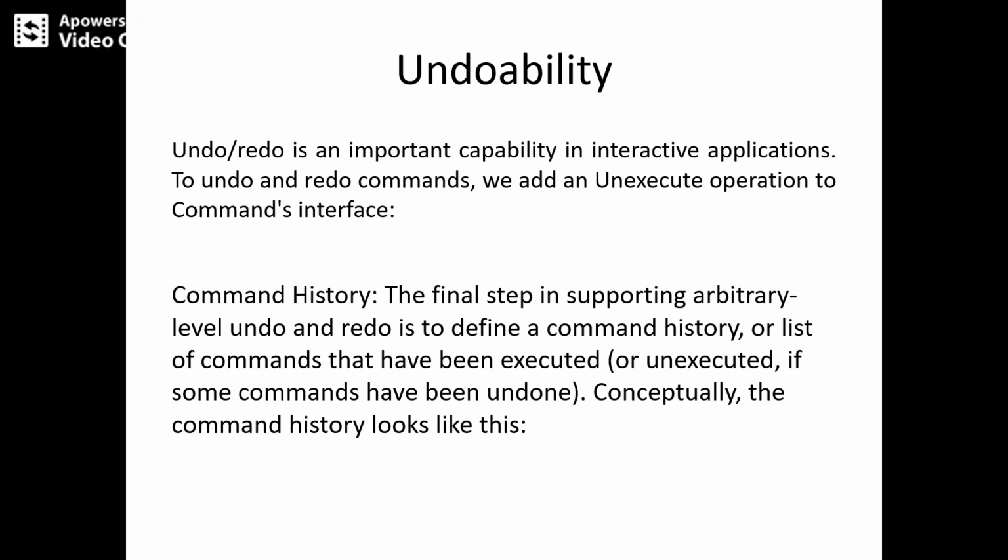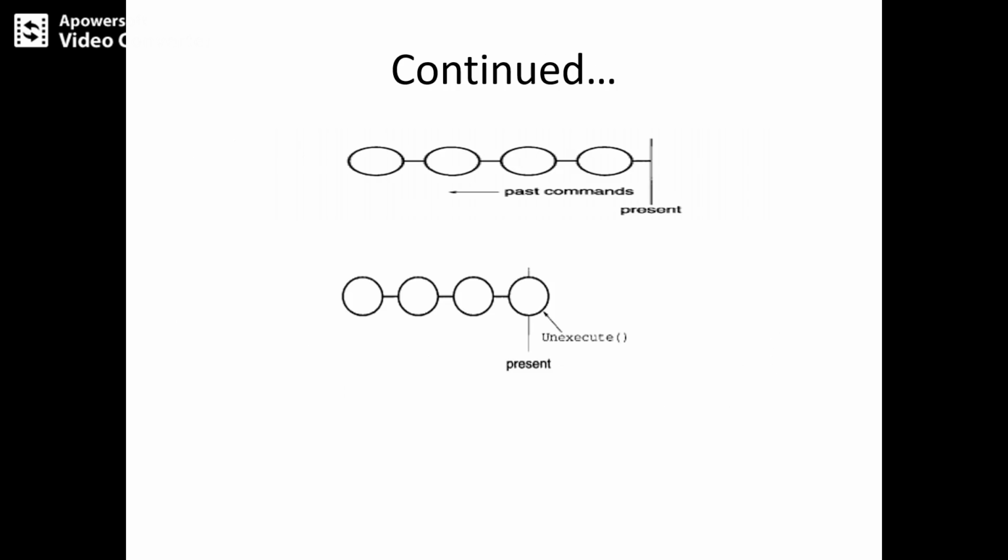This is the final step in supporting arbitrary-level undo and redo. We define a command history, a list of commands that have been executed or unexecuted if the commands have been undone. Conceptually the command history looks like this, as we will see in the next slide.